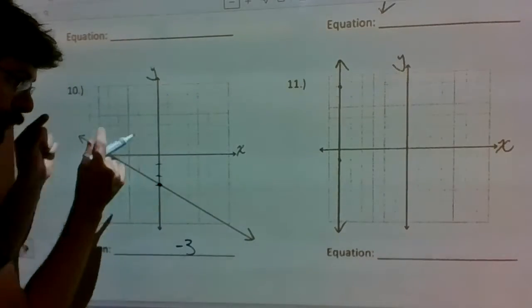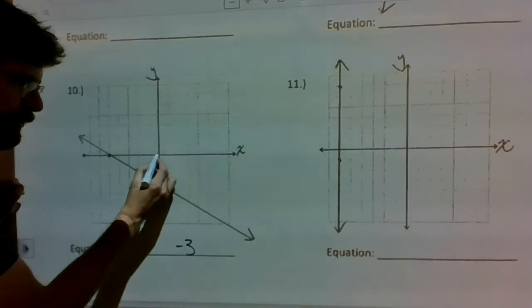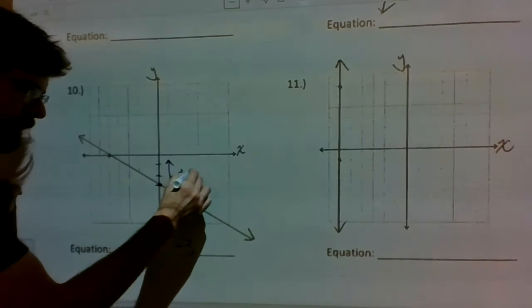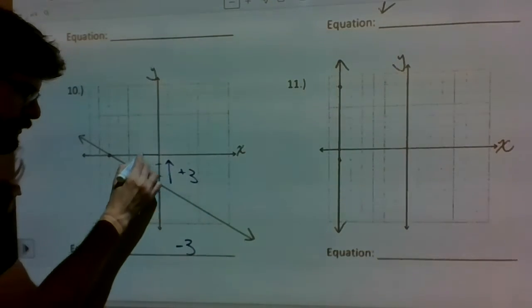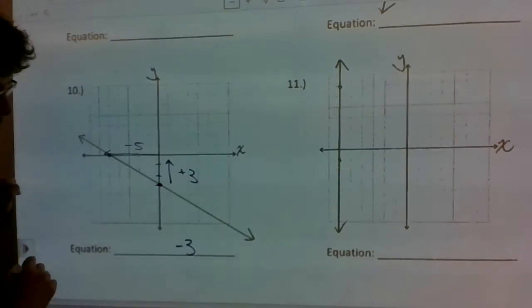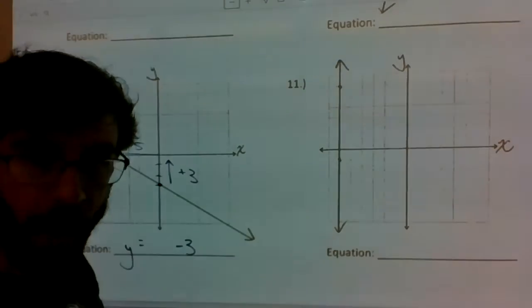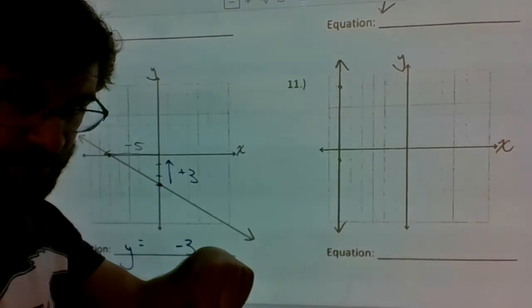Okay? The rate of change, the slope, is up 1, 2, 3. Left 1, 2, 3, 4, 5. So you would say y equals a slope of 3 over negative 5.